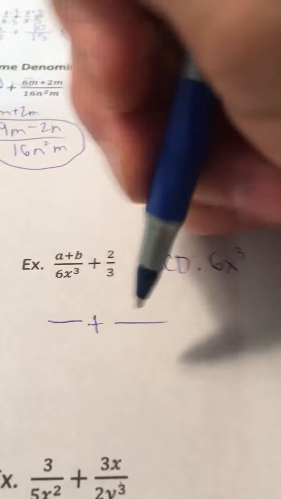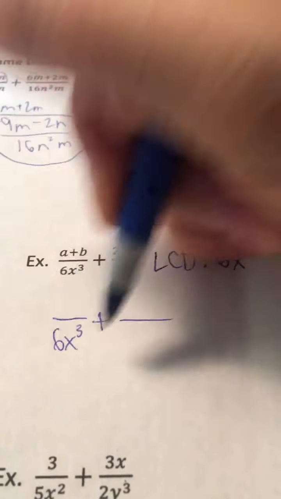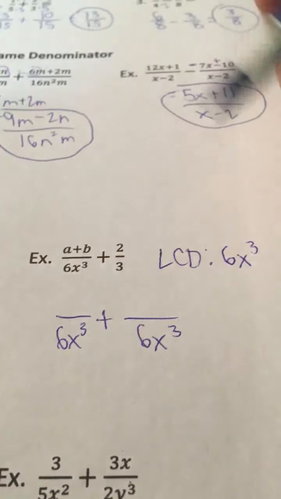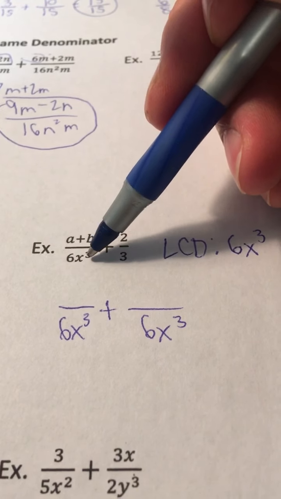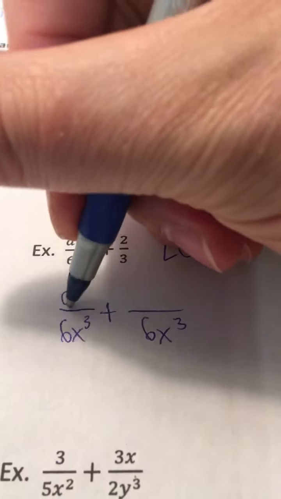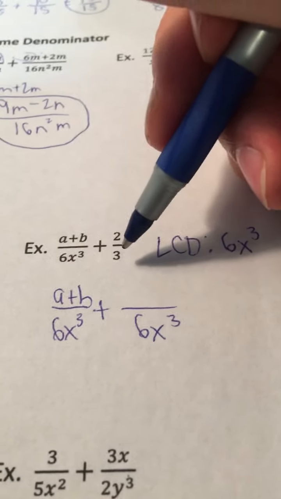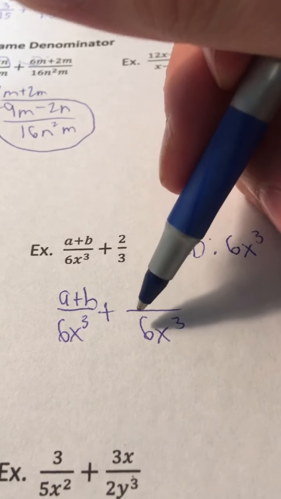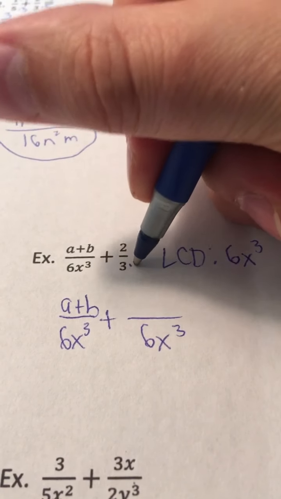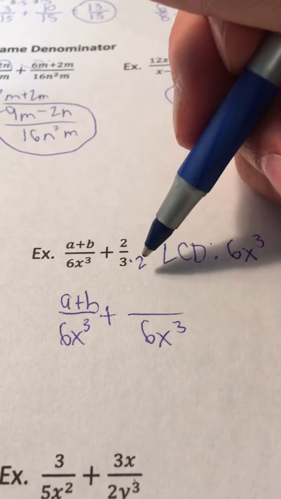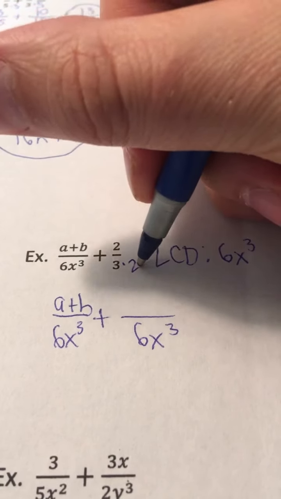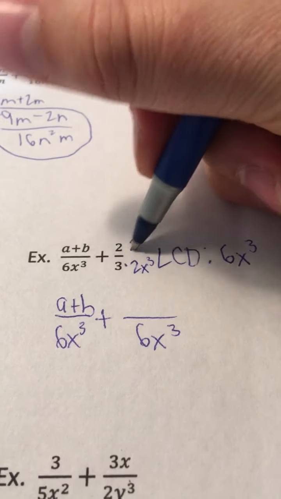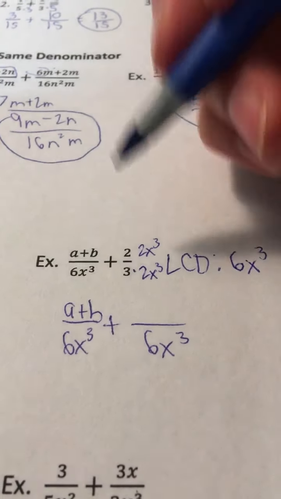I need to change both of these fractions into something over 6x to the third. The first fraction already has everything I need. Leave that as a plus b. Second fraction. First of all, the number. I have a 3. I need to get to 6. So 3 times what? Times 2. And then what else is missing? The x to the third. So I'm going to have to multiply top and bottom by 2x to the third.